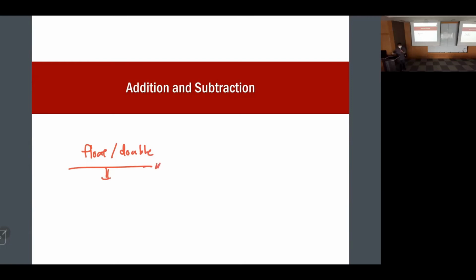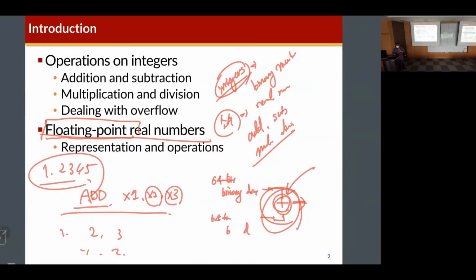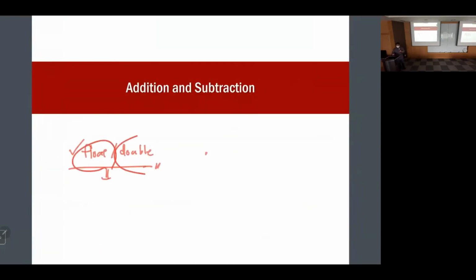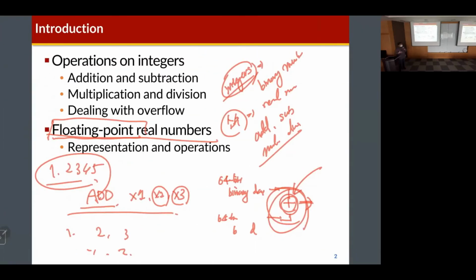If we want to use floating point numbers, then we use these data types, which means that C also distinguishes the different data types in the computer system. So if we use the float or double data type, then we can use floating point numbers.